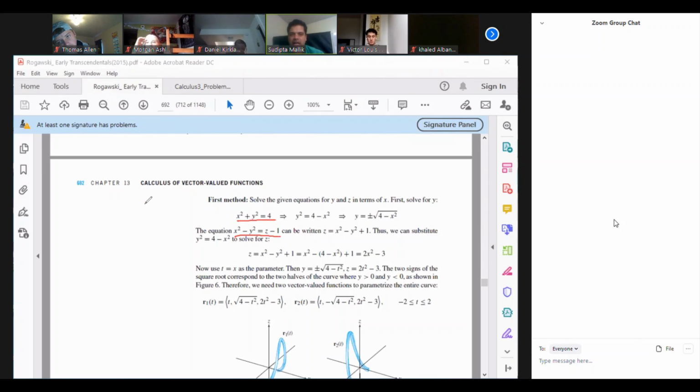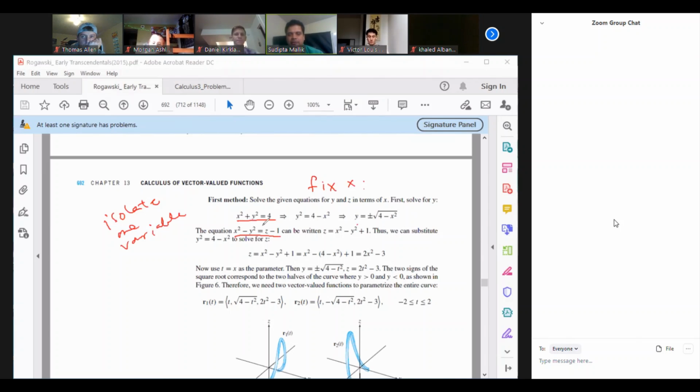The idea is to isolate one variable, that means write two variables in terms of the one variable. So fix one variable, let's say fix x. You want to write y in terms of x and also z in terms of x.